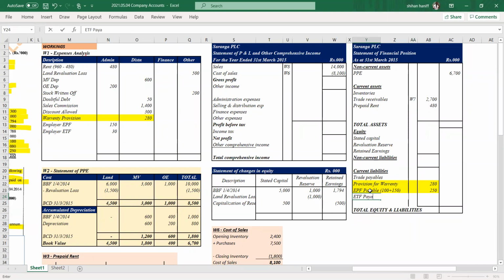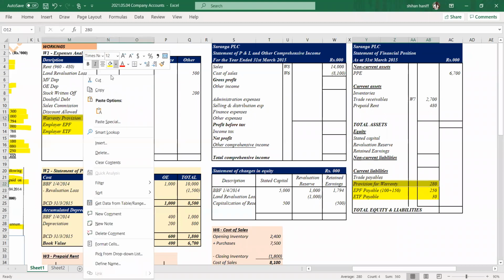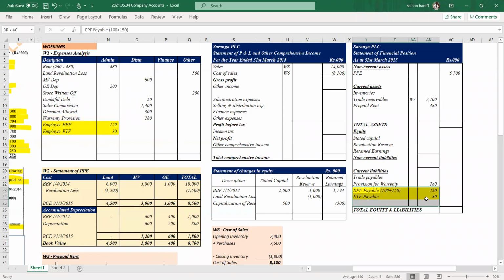ETF payable is only 30. So in the double entries, EPF payable already has a balance of 100 from the employee, so we add the employer's contribution also. Total will be 250.